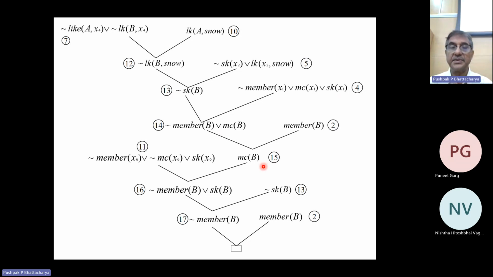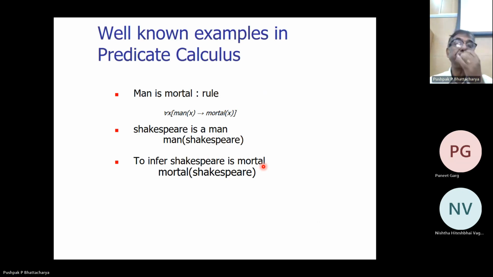This is resolution refutation. Now let me draw your attention to many very important and well-known examples from predicate calculus. So this is a well-known deductive logic formulation. Man is mortal.